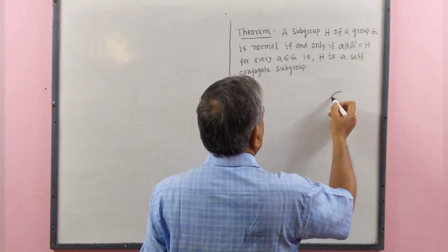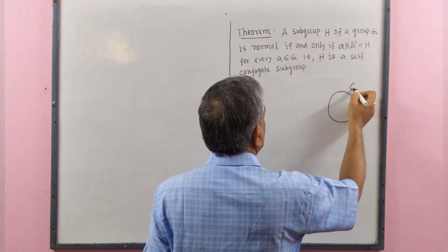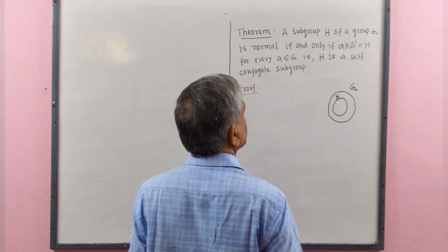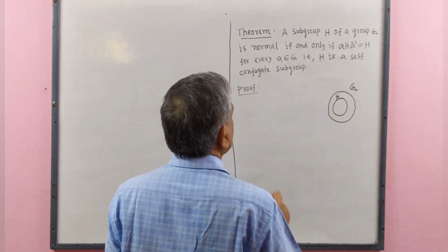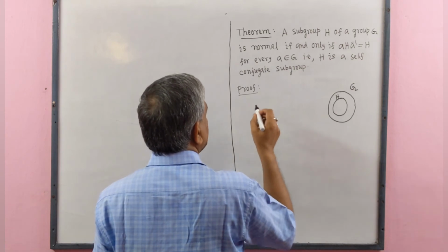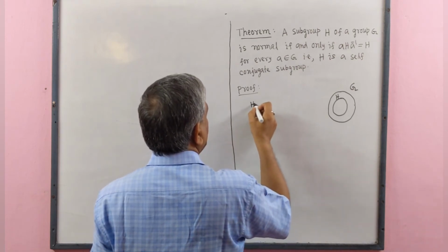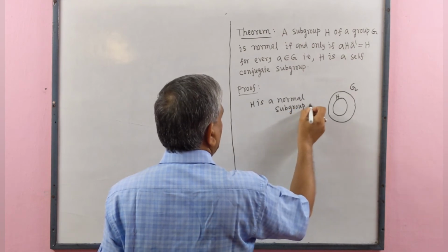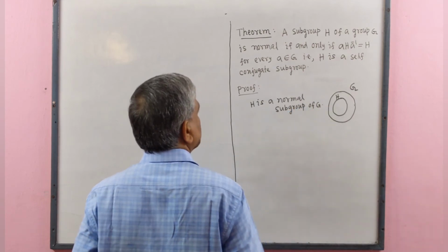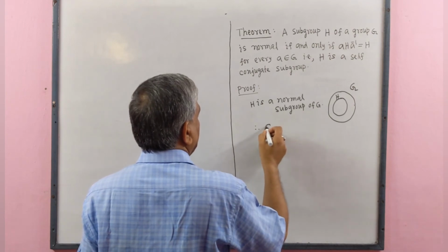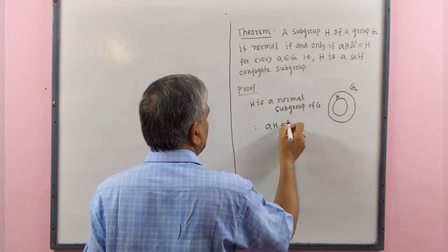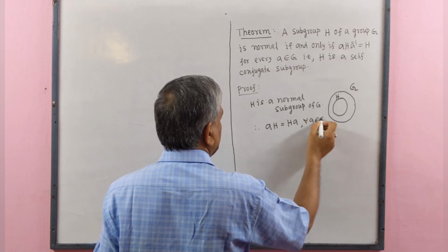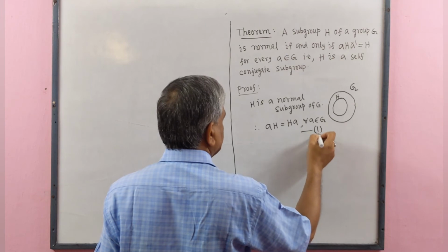Let G be a group and H be a subgroup of G. Firstly, we consider H is a normal subgroup of G. Therefore, aH equals Ha for all a belongs to G. This is number 1.